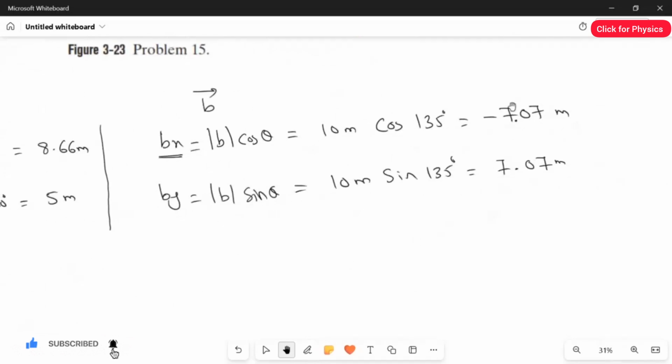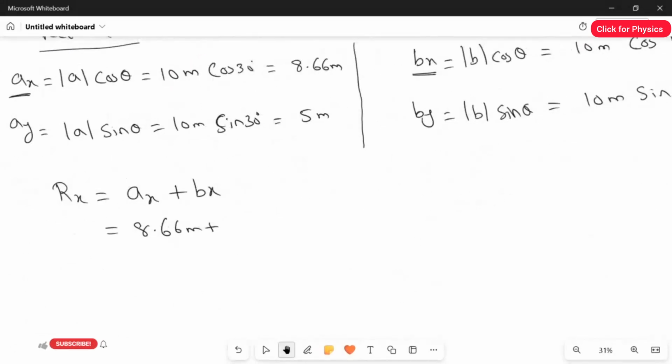Our b of x value is minus 7.07. So I have to use this value here. So minus 7.07 meter. When you solve this, you will get the answer here as 1.59 meter. That is the answer for the first question.